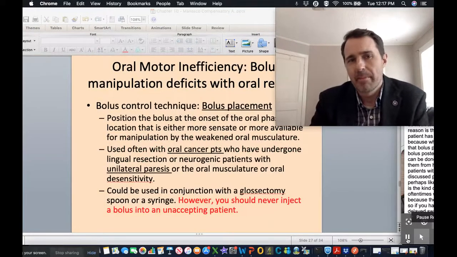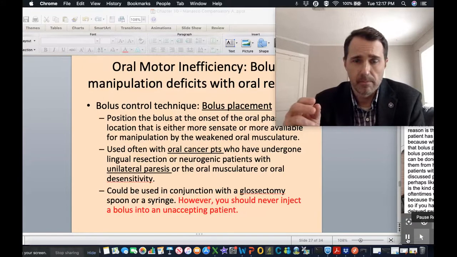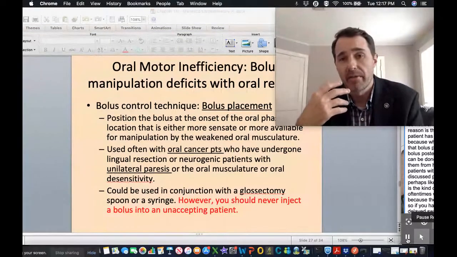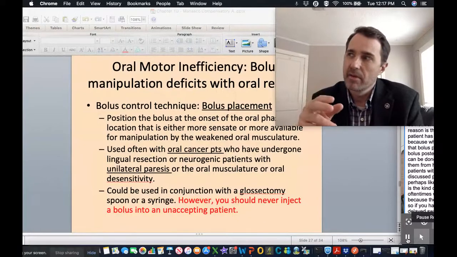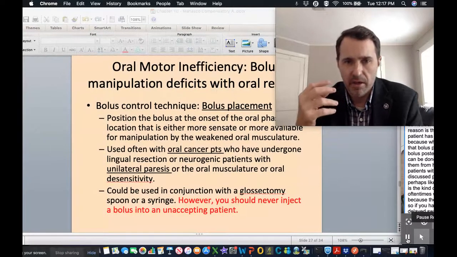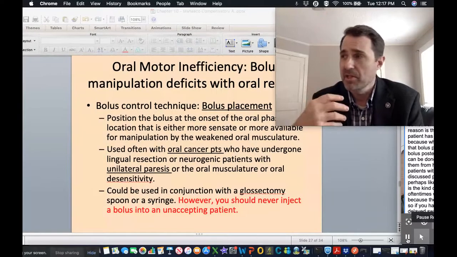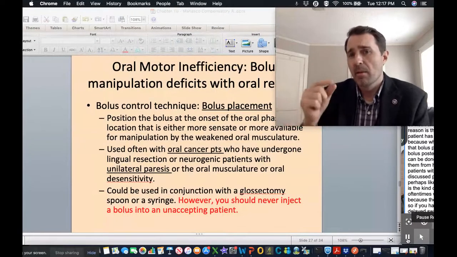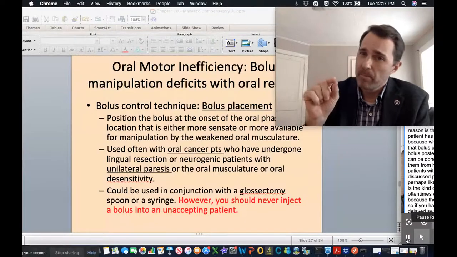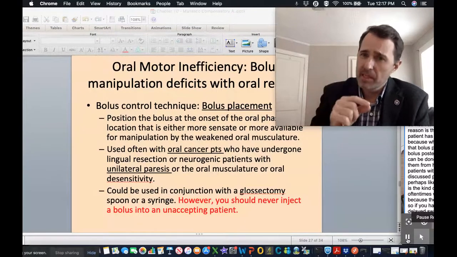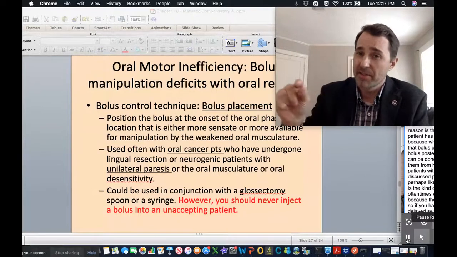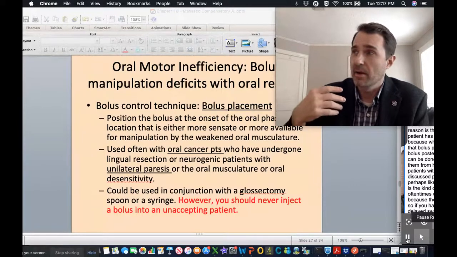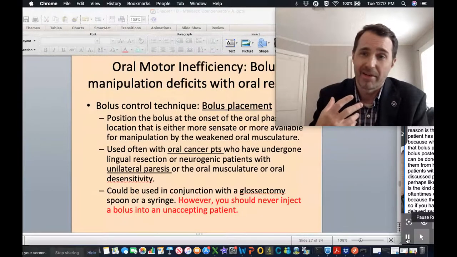So now we've made it back to bolus placement. For patients that have a decreased sensation to the oral cavity, that have weakness of the tongue, or maybe some oral cancer patients, like I've already mentioned, that have perhaps had a glossectomy, then you, the SLP, are finding out where the best placement of the bolus in the mouth is for them, that is going to facilitate and perhaps cue their swallow reflex, but also facilitate their best ability to manipulate the bolus in the oral cavity.